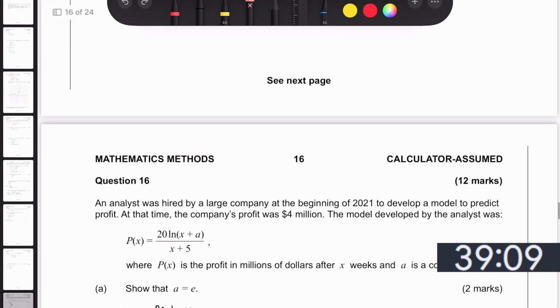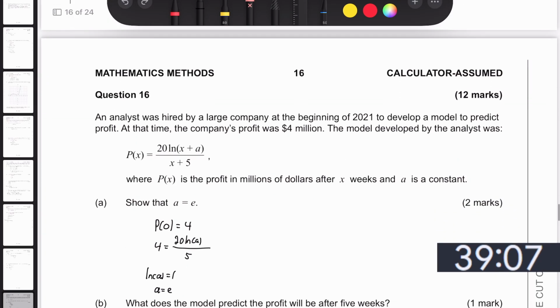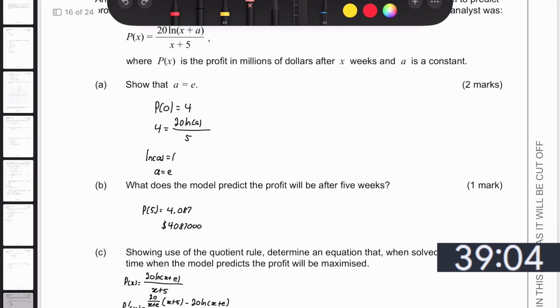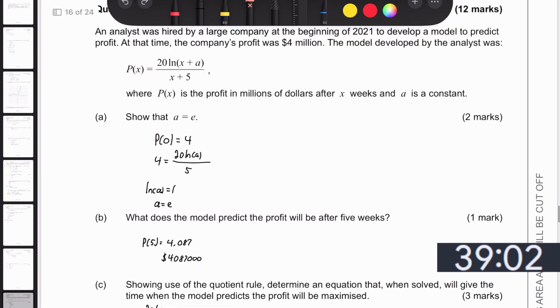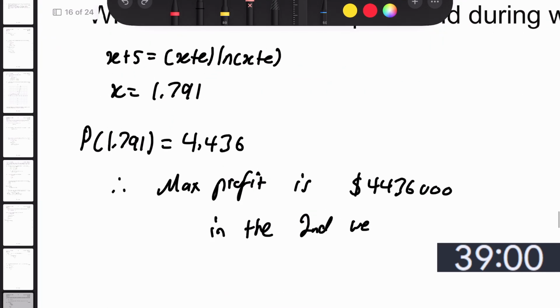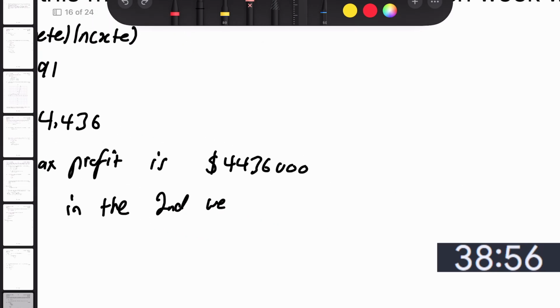Wait. During which week? So this is after the first week, so it's during the second week.